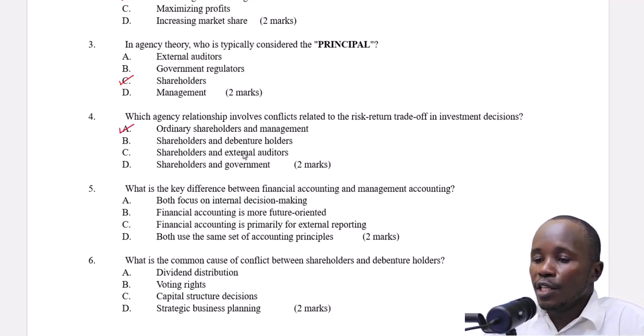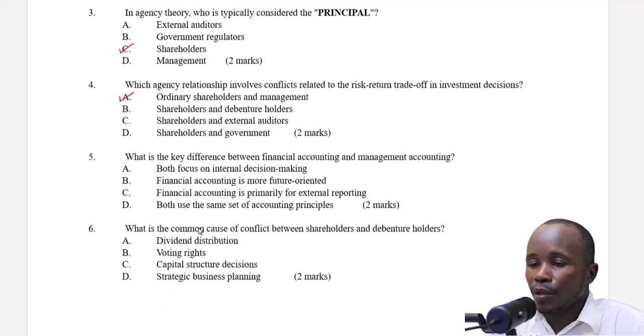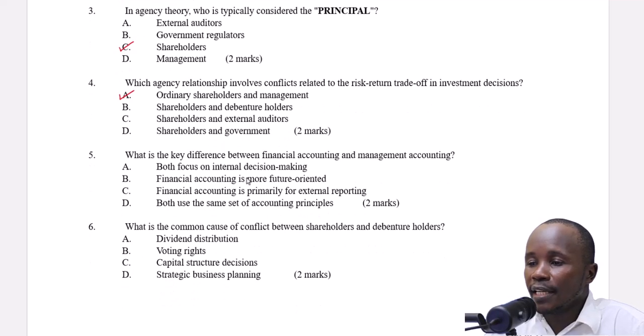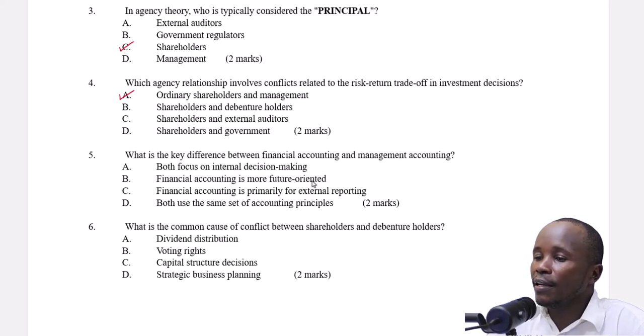Now, let's look at question number 5. You are told, what is the key difference between financial accounting and management accounting? Remember, our concern here is the key. Although all these are differences between financial accounting and management accounting, we want to look at what is the main.